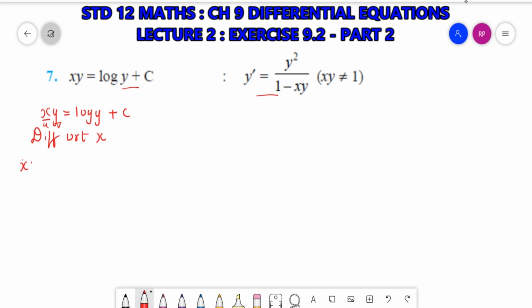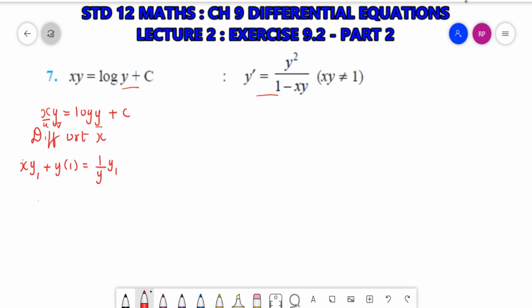So x as it is, derivative of y is y1, plus y as it is, derivative of x is 1. Log y, I will write down 1 by y into d by dx of y, that is y1. Derivative of c is 0.